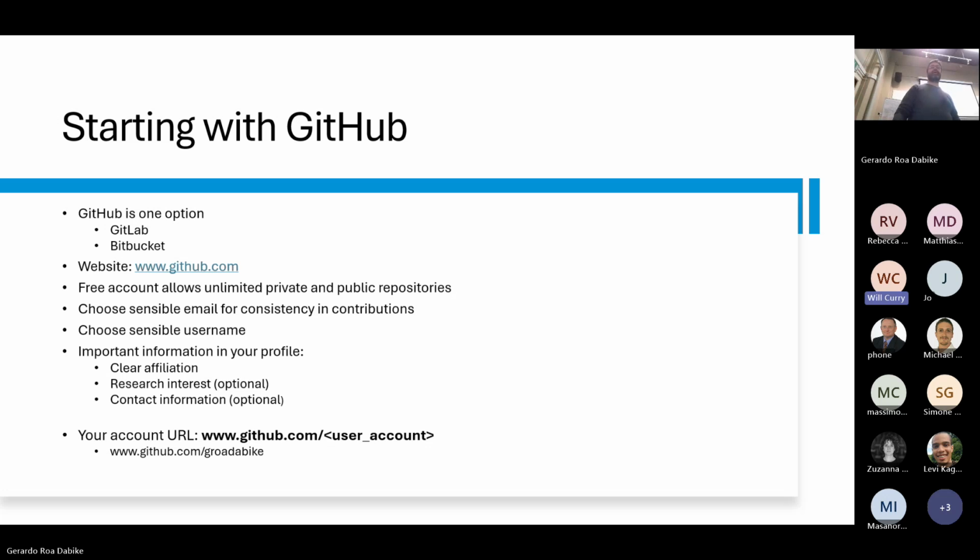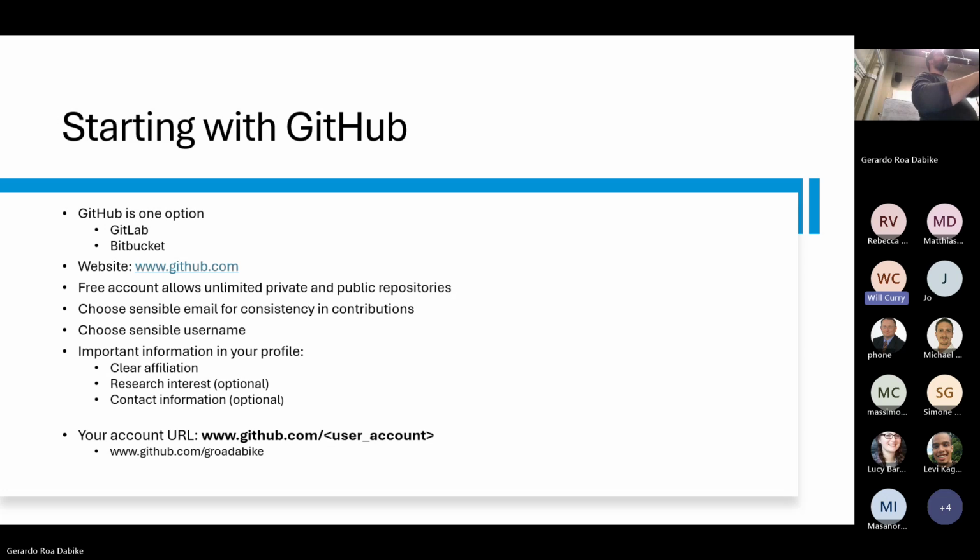When you create your account, here is a little bit of advice. Try to be consistent with the email you will use. You can use your email from your institution, but if you think that sometime in the future you will be moving from that institution, you will lose access to that account. Not necessarily lose access to the information there if it's a public repository, but if you have an email where you're known in the community, I would create the account with that email.